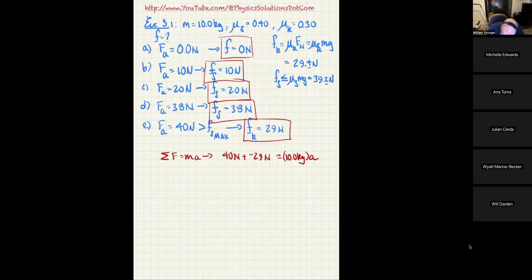Well, 40 minus 29 is 11 newtons, and that's equal to 10.0 kilograms times a. So a is going to be approximately 1.1 meters per second per second. So that's what would happen if we applied a force of 40 newtons to this particular 10 kilogram box with these coefficients of friction. Anybody have any questions on that?